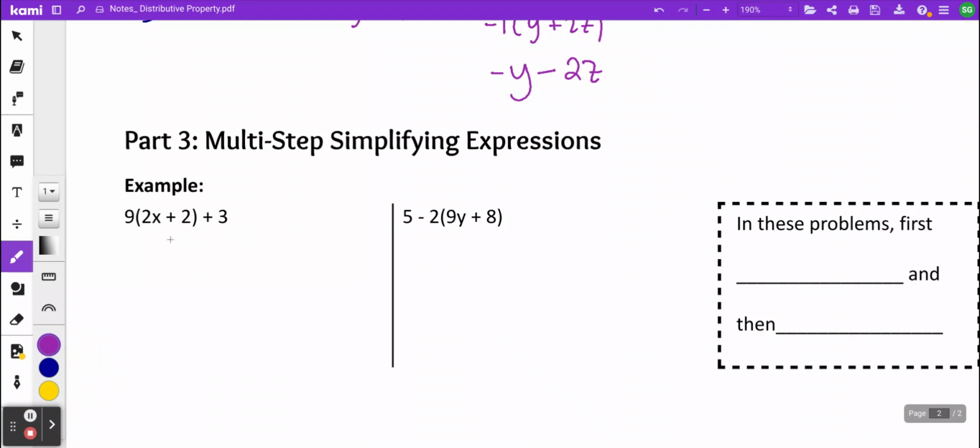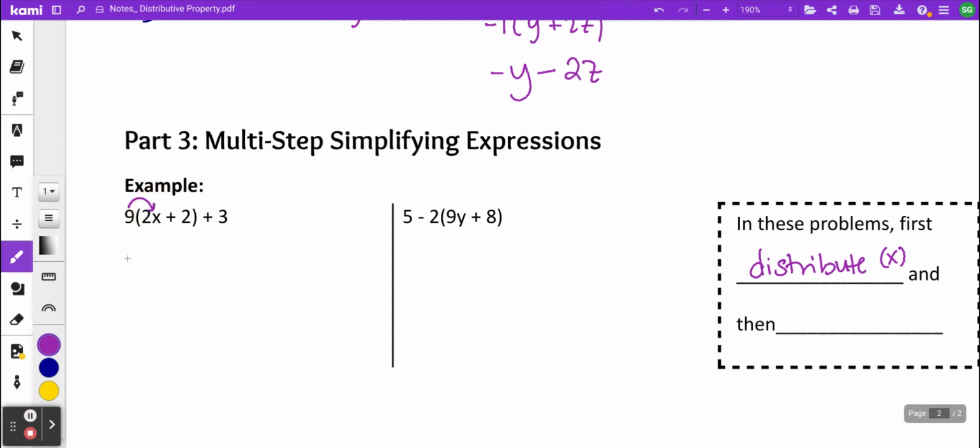That means in these problems where we see some multiplication and addition or subtraction, we want to always first distribute, because distributing is that multiplication. So starting with this first example here, I want to start by distributing. I want to multiply my 9 with everything inside the parentheses.